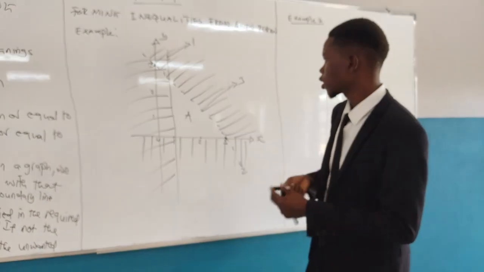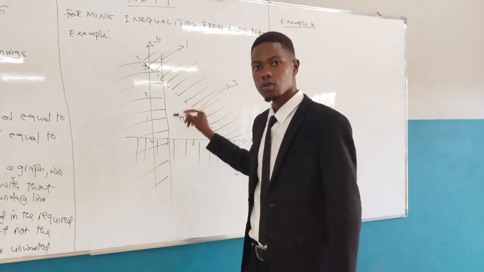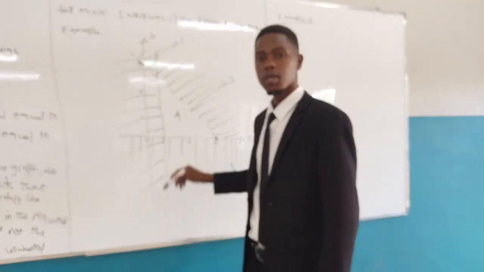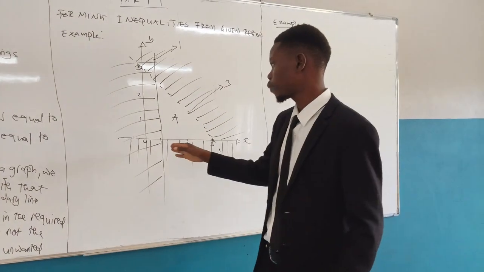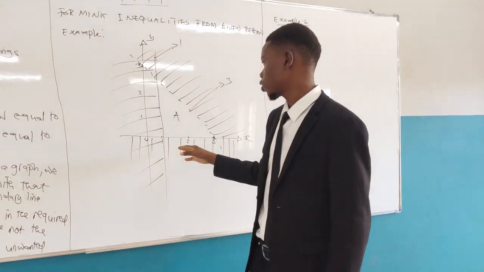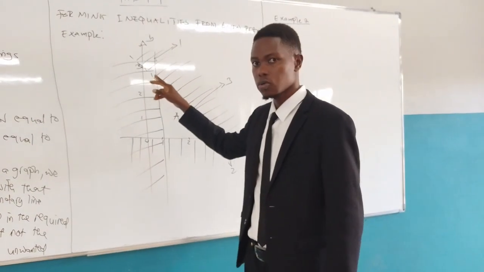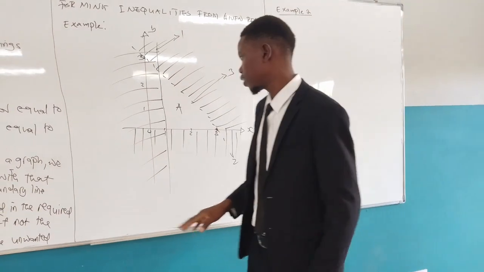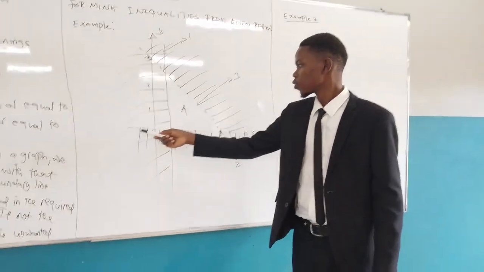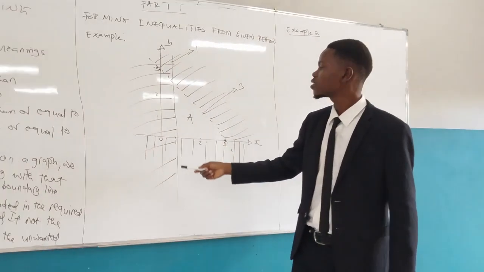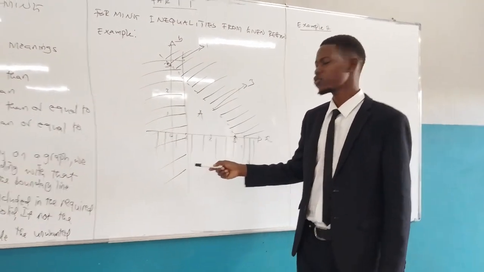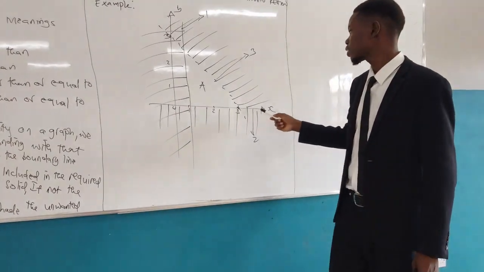As you can see here, the interpretation may become difficult because some people confuse these things. They think that just because this line is vertical, its equation is y. But just consider the axis which this vertical line is cutting. A vertical line is cutting the x-axis.